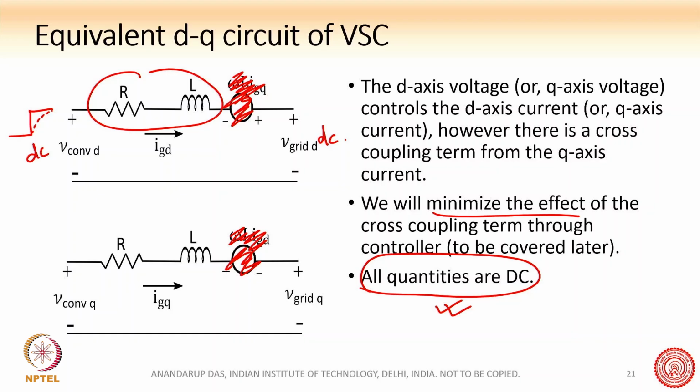By using a controller, as you know the first order system is sluggish in response, we will use a compensator, a PI compensator, by which we'll make it a second order system. Then the whole voltage source converter connected to the grid will become a second order system, where we can control how much is the overshoot and how much is the settling time.